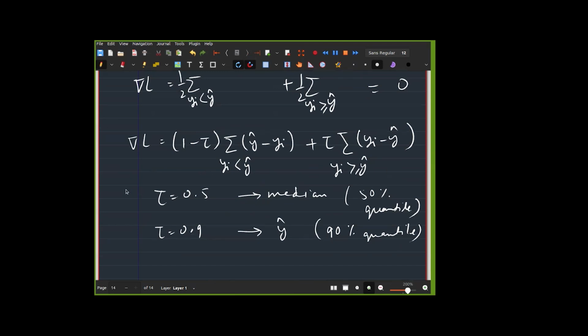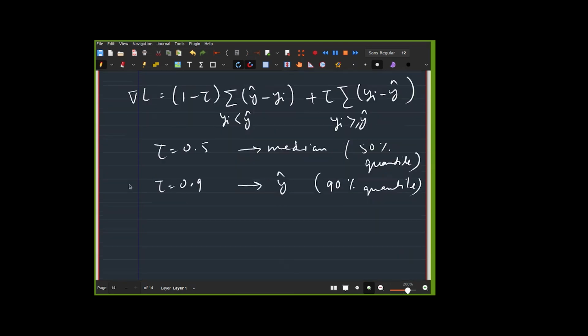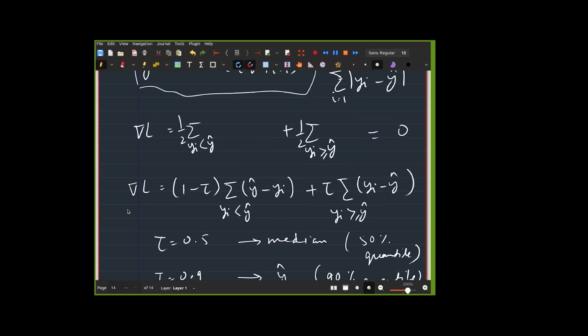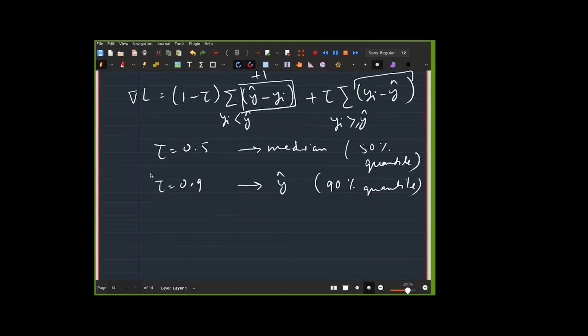But if I work backwards, my loss will also become very similar in some sense. Oh, sorry, this is actually my loss, because here what I wanted was plus ones, and here what I wanted was minus ones, right? So I'll just repeat it again.